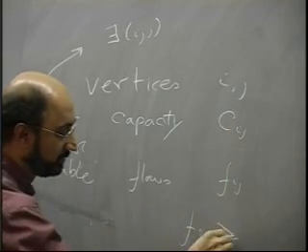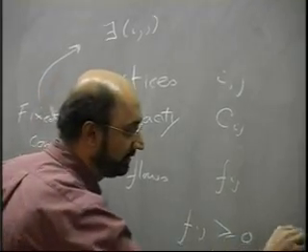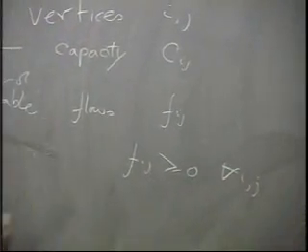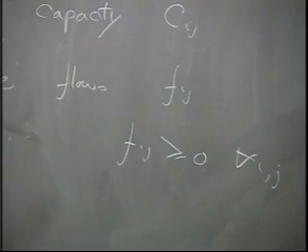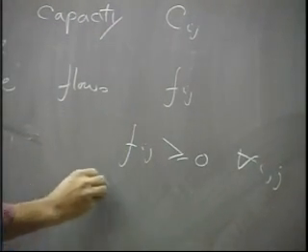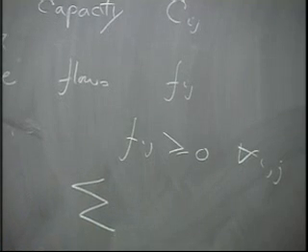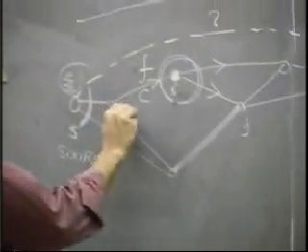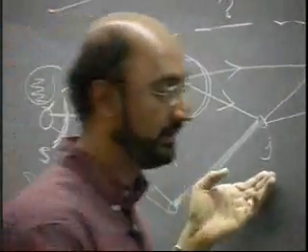Fij greater than or equal to 0 for all Ij. Well, obviously flows cannot be negative. I can't take stuff out, so the flows are positive. And then the sum over all the flows coming into some node, let's say this node over here is I, and it has some previous node k, next node is j.